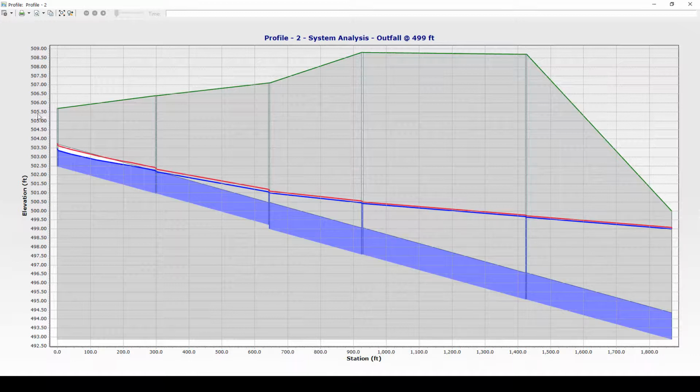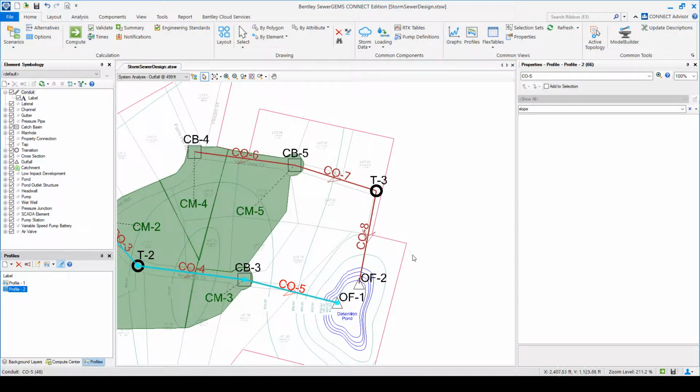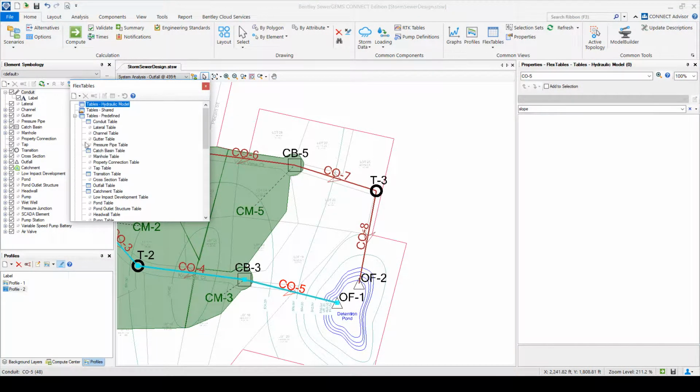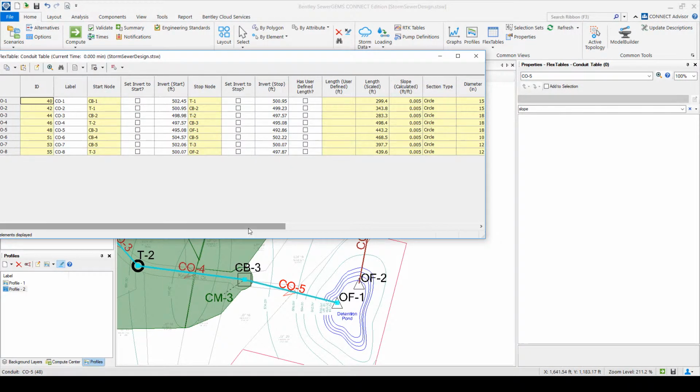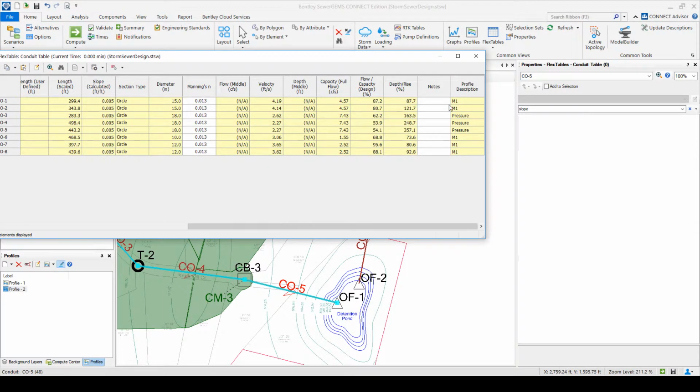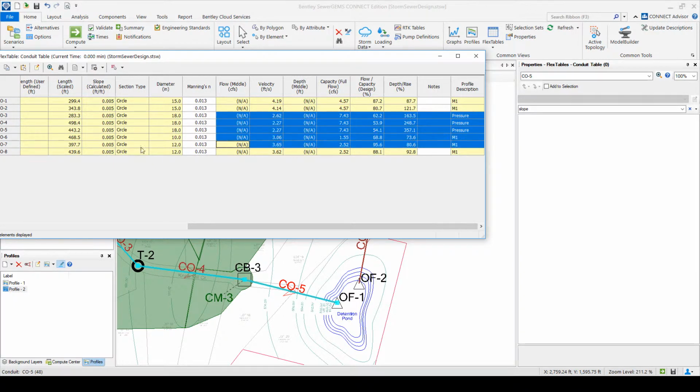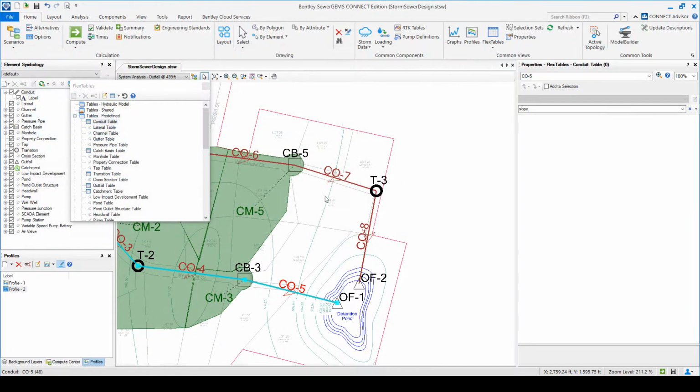And because we have water coming in, as well as the backup from the pond, pretty much all our pipes are going to be submerged. So if we go back to that flex tables, conduit table, and take a look at the profile description, we can see that we have pressure in those pipes due to the water level of that detention pond.